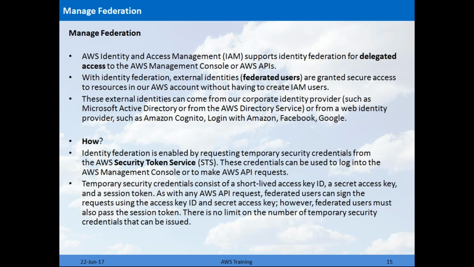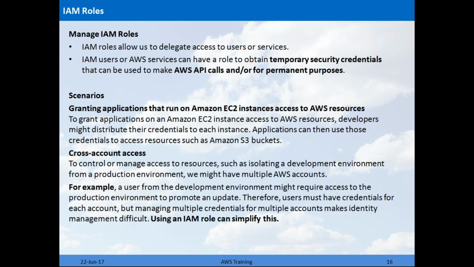As with any AWS API request, these federated users can sign into the AWS environment by means of the access key ID and secret access key. However, federated users must also pass the session token. There is no limit on the number of temporary security credentials that can be issued. These are the internal processes of how federation is done internally.